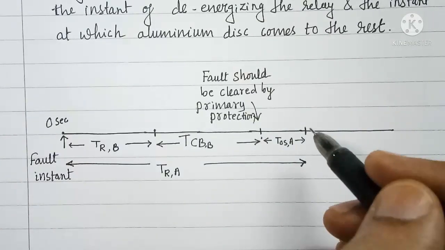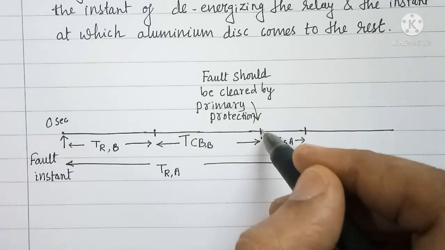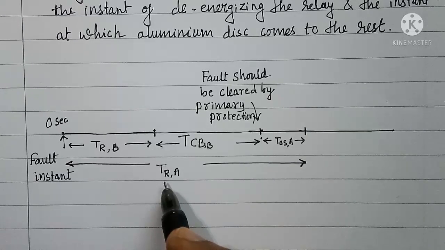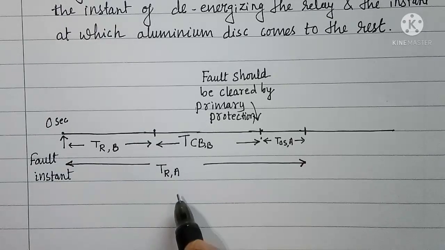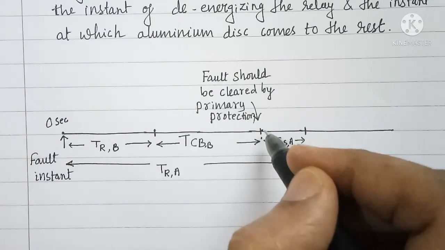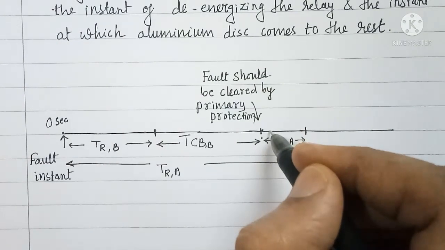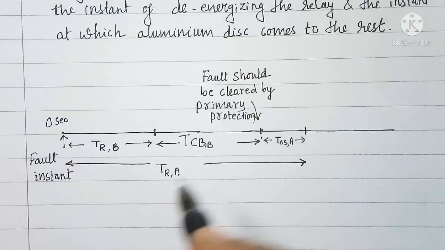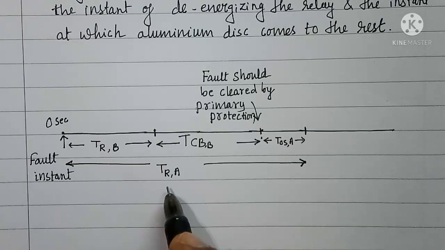So looking at this diagram, we can understand that if fault is cleared by primary protection at this instant, then the backup protection relay will reset. And if beyond this instant fault is cleared by primary protection, then backup protection relay will not stop operating.